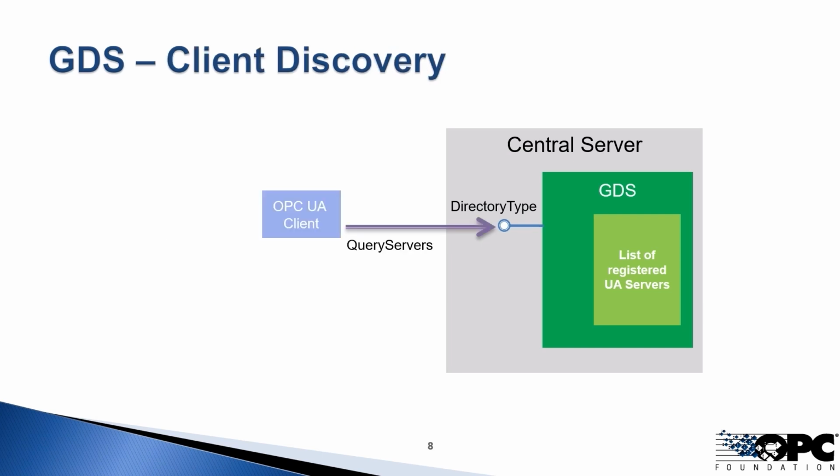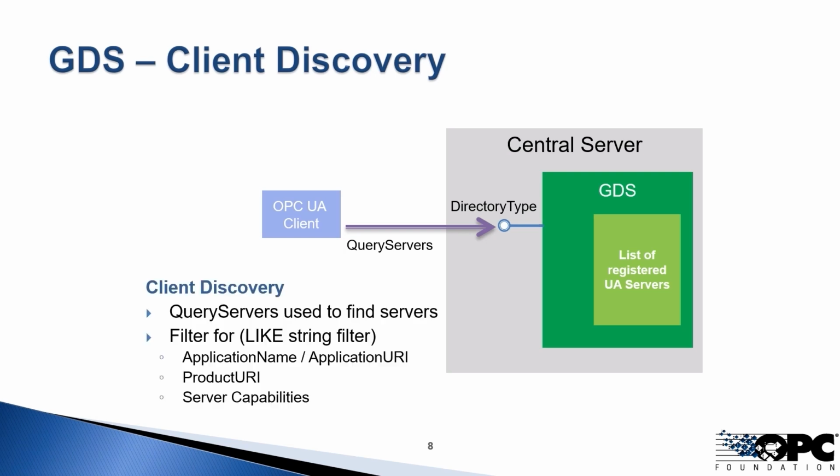So clients use discovery servers, or the central discovery server, more or less for the same reason they would use the decentralized discovery mechanism, and that is to find registered servers in the system. But in the case of the central server, the client discovery mechanism uses a different method call, in this case QueryServers, to find the servers that it's interested in.